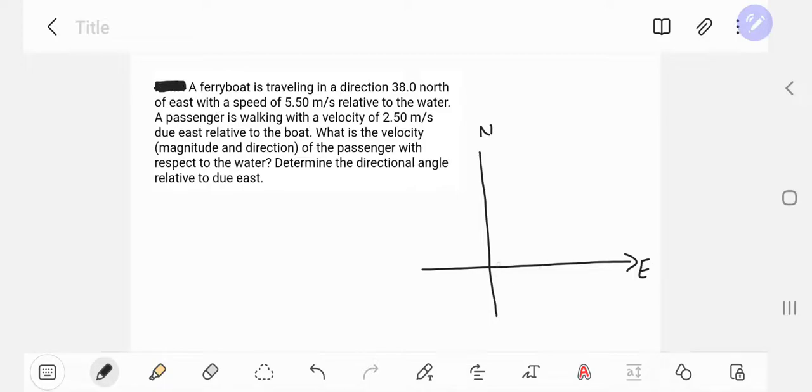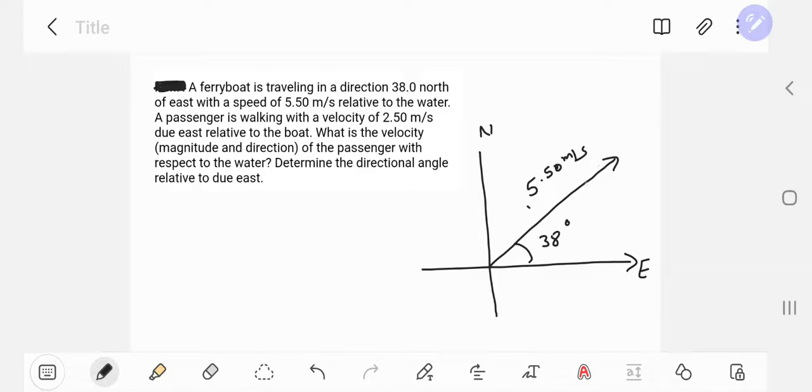So north of east is a kind of angle with the x component, the x-axis. So it will be something like this. So this is 38-degree. Okay, and that direction has 5.50 meter per second value.